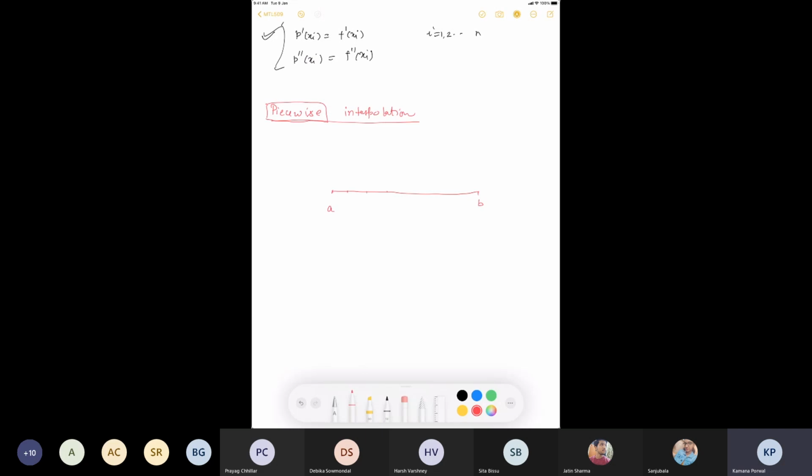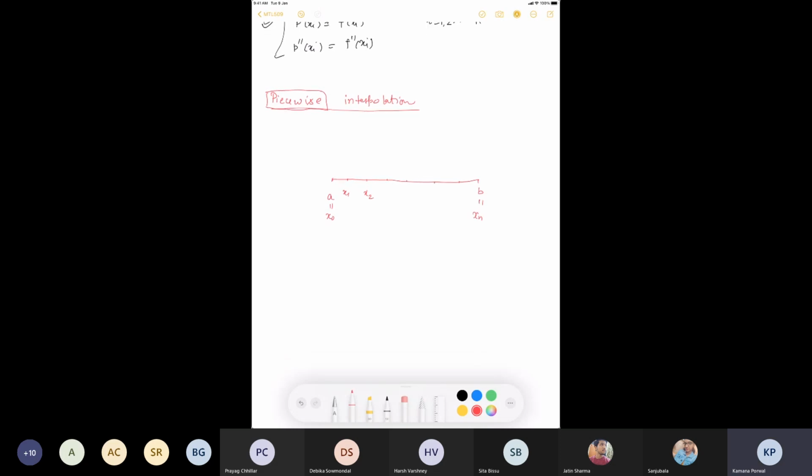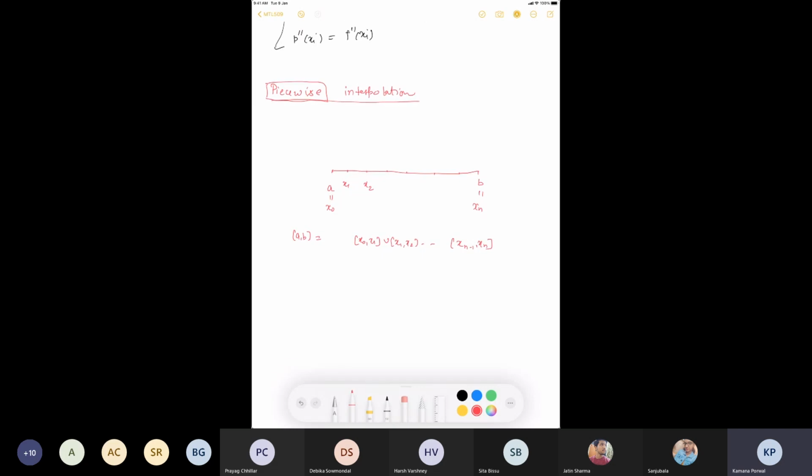We have an underlying subdivision of this interval, starting from x0, x1, x2, up to b, which we call xn. Basically, the interval [a, b] is a union of the intervals [x0, x1], [x1, x2], up to [xn-1, xn].